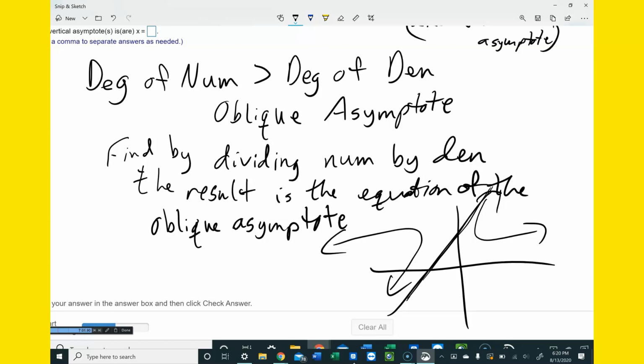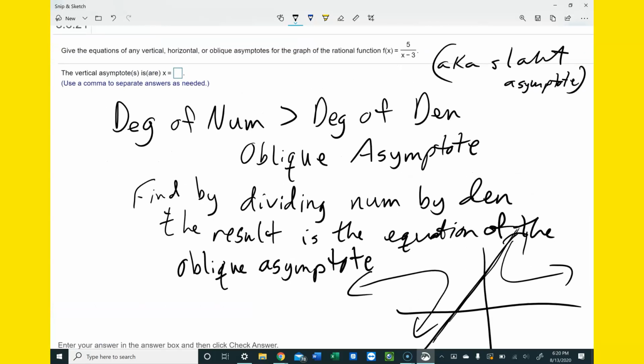And that only occurs when the degree of the numerator is higher than the degree of the denominator. You find it by doing synthetic division, like we've talked about in the previous assignment. You divide the numerator by the denominator using synthetic division, and that result that you get below that box, you make a new polynomial out of it. And that is the equation of the oblique asymptote.